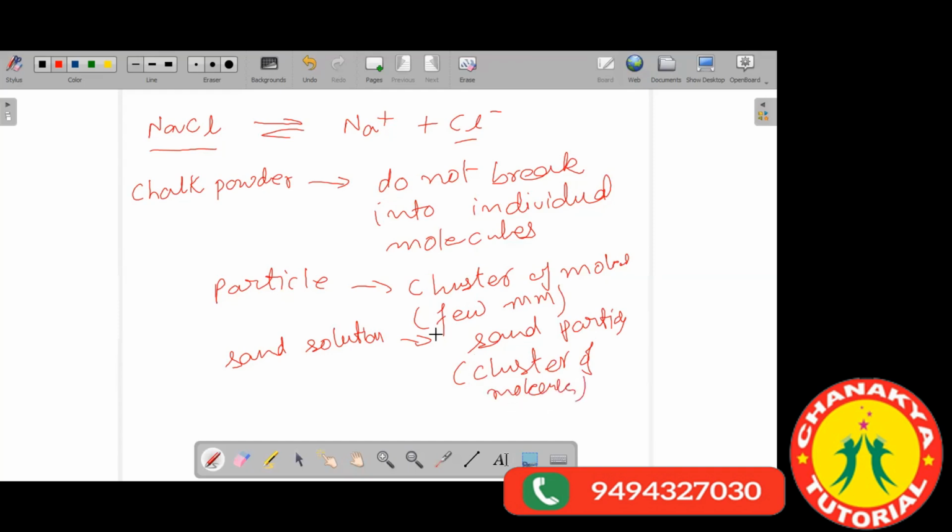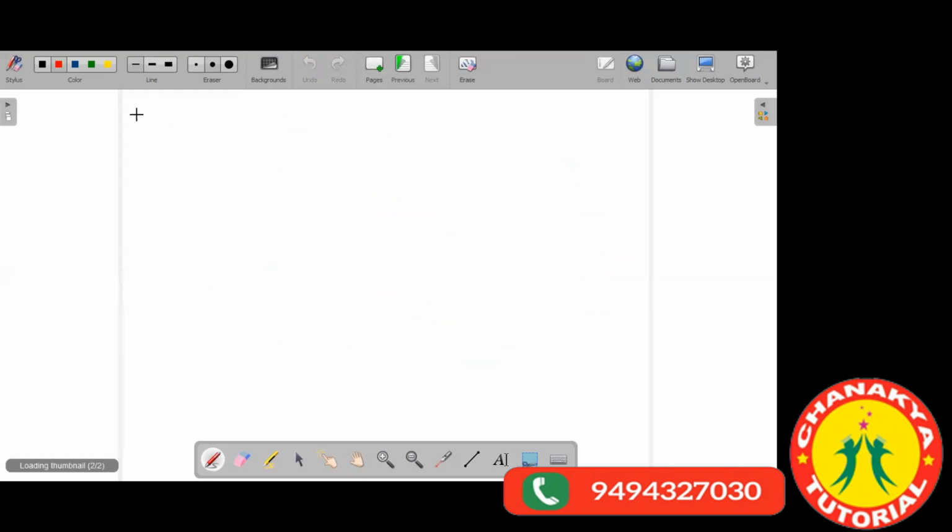Now, in the colloidal solution, you have individual molecules dissolved in it. You have big molecules, but the molecules are single.